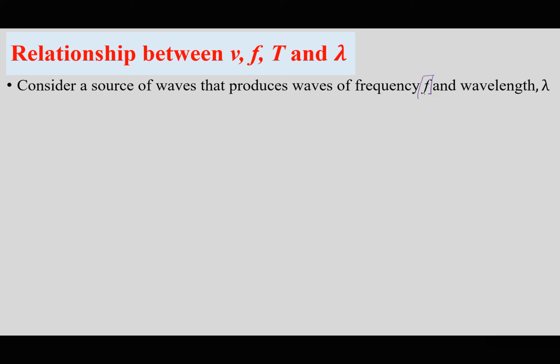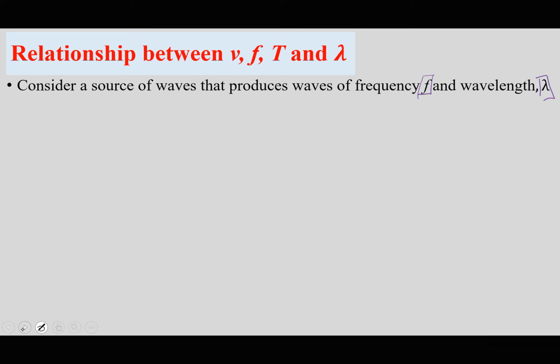Remember, frequency is the number of complete oscillations or cycles per unit time. And wavelength, lambda, is the distance between two successive wavefronts, or the distance traveled by a wavefront in one complete cycle.